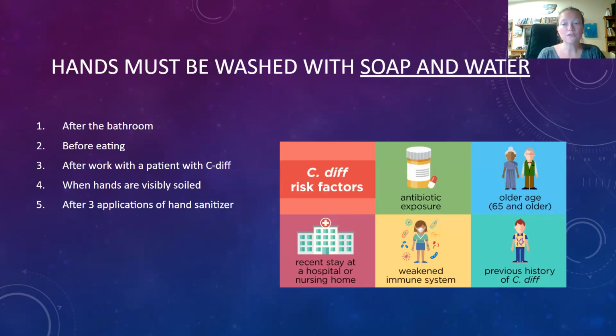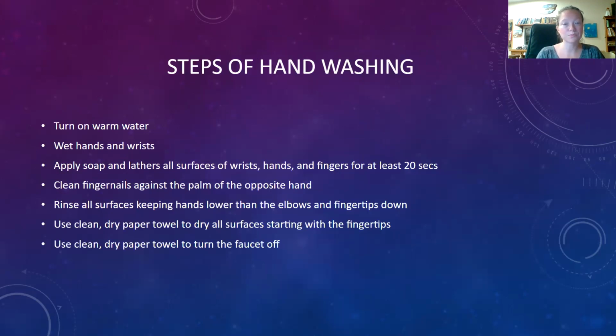Soap and water, a few of those examples. When you want to use soap and water for sure is after you've used the bathroom, when you've worked with patients with a germ called C. diff, if your hands are visibly soiled. And they also say after you've used hand sanitizer 3 times, really that 4th time should be soap and water.